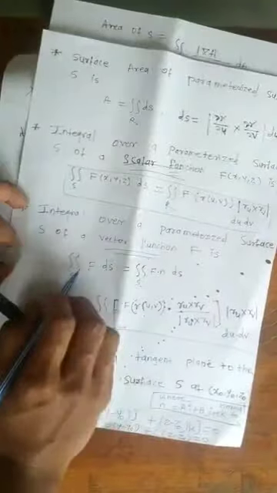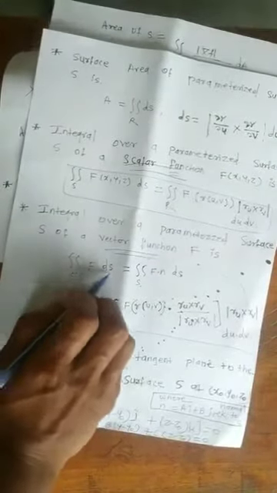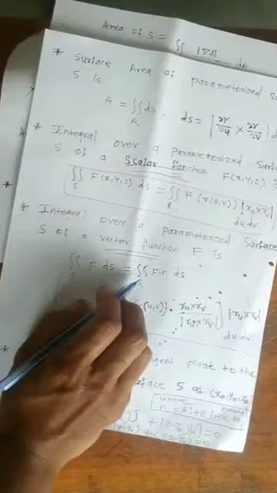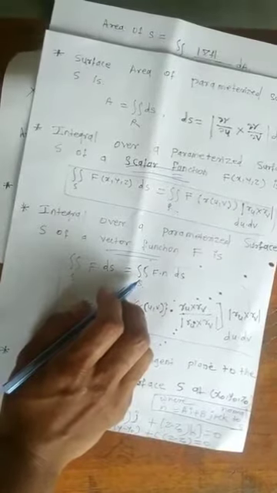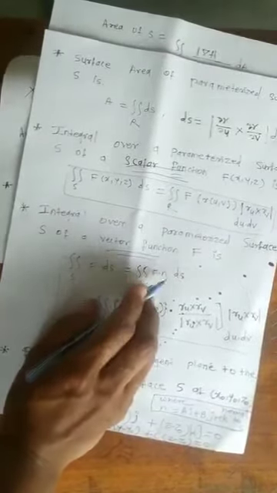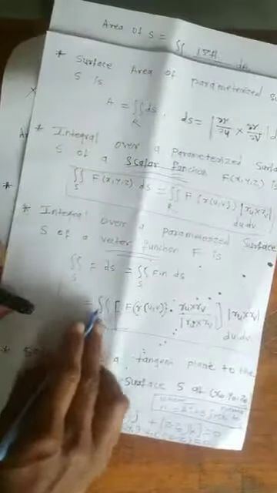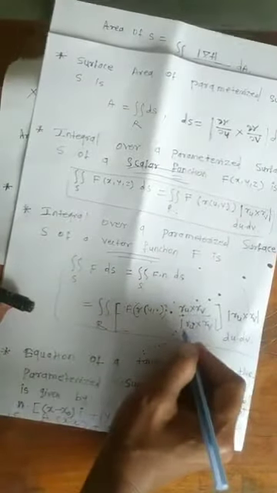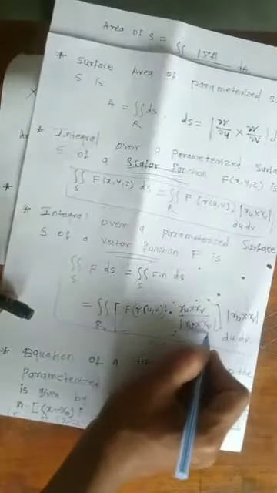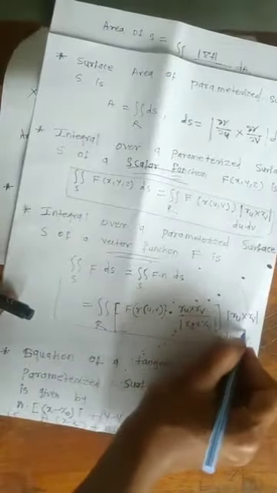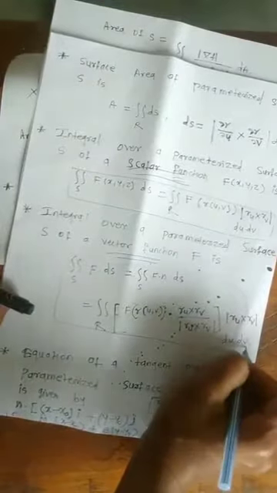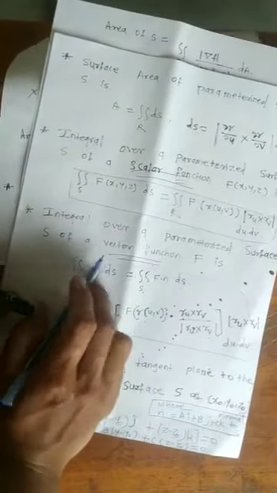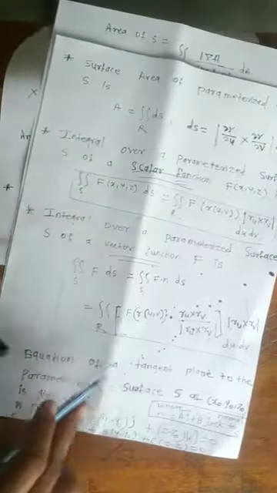The double integral over S of F dS is equal to the double integral over S of F dot n dS, which is equal to the double integral over R of F of r of u v dot (r u cross r v) divided by the determinant of r u cross r v, times the determinant of r u cross r v, du dv. This is the formula for the integral over a parameterized surface S of a vector function F.